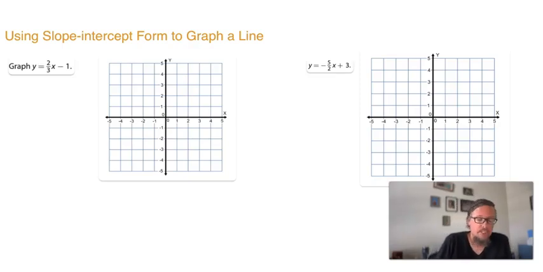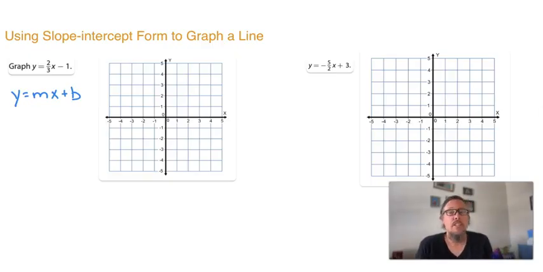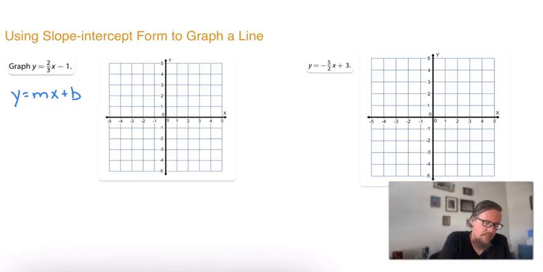So as I just said, slope-intercept form is y equals mx plus b. And in this equation, the letters m and b tell us two really, really important things about the graph. The m in the equation tells us what the slope is.